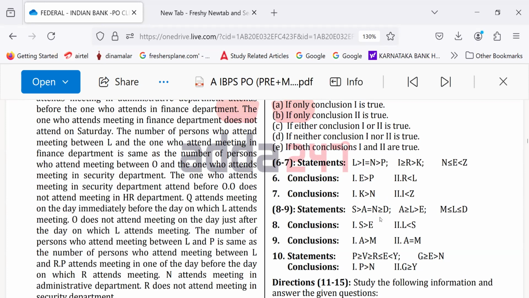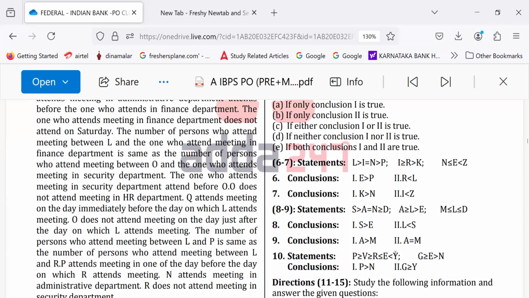No, because here it is told A is equal to N, which is greater than or equal to D, and it is stated M is less than or equal to D. So statement number 1, A is greater than M, is not correct, it is false.